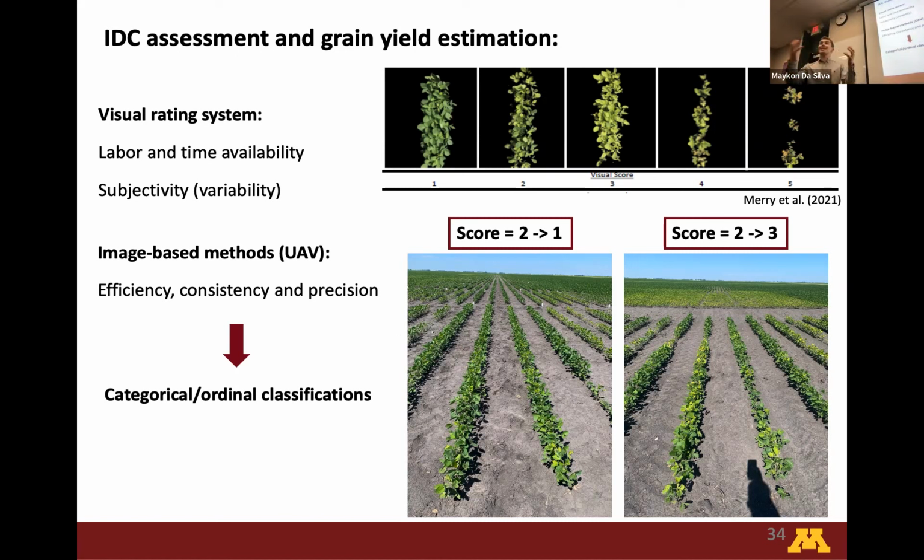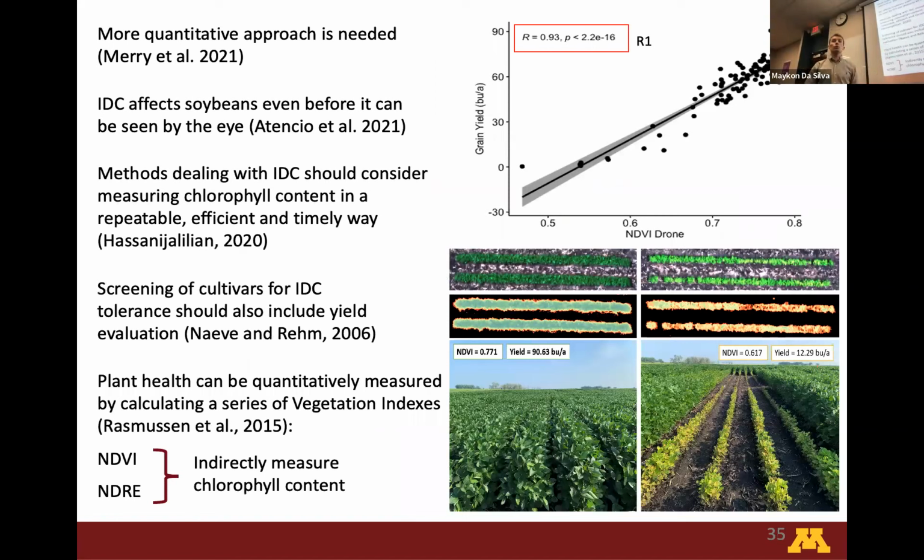This means that even though both plots were rated the same, there is a huge difference in terms of symptoms between them. And what intrigued us is how much this difference affects grain yield. That's another good question. We don't know. So then when going through the literature, we found that a more quantitative approach is needed to better understand IDC and to better understand how symptoms affect grain yield.